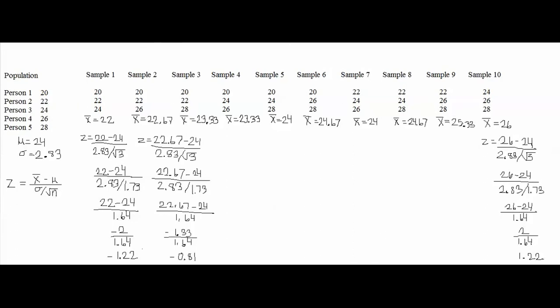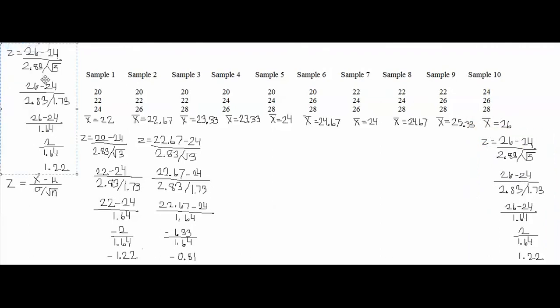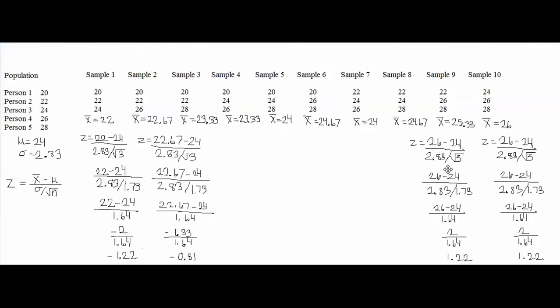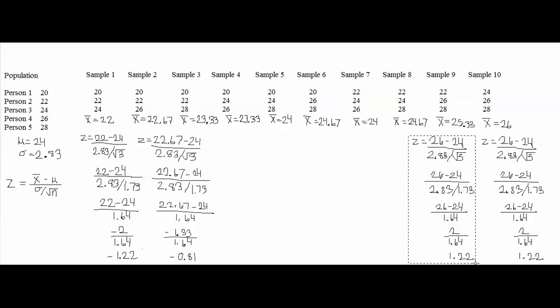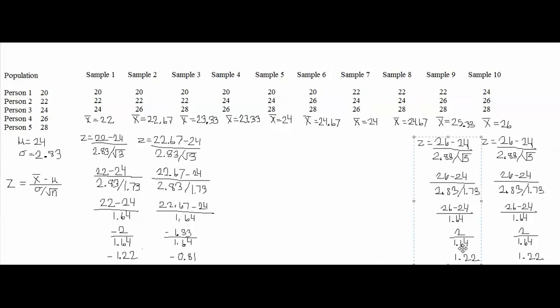Let's actually try sample 9 next. I'm going to copy and paste so I don't have to write everything over again. So the mean of sample 9 is 25.33.